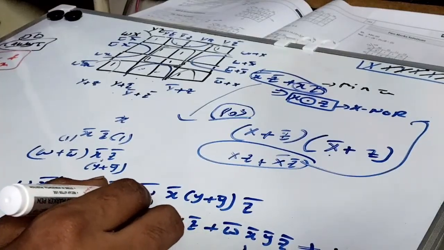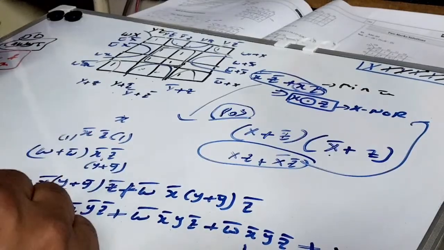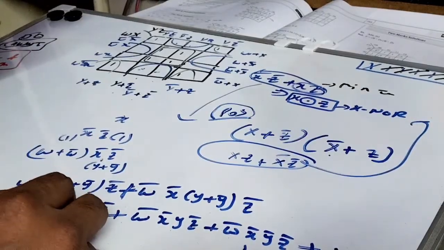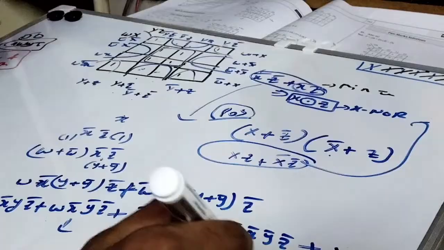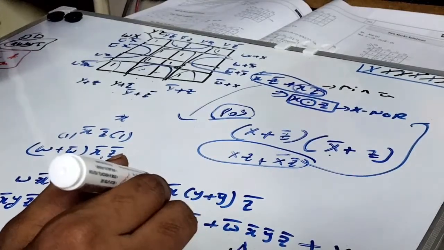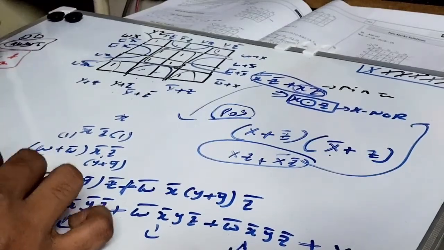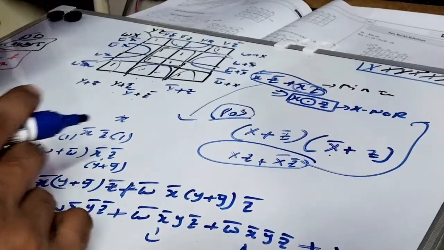After W X bar Y bar is equal to W X bar Y bar reductions, so that's one present, not present. And then W only representation only present.